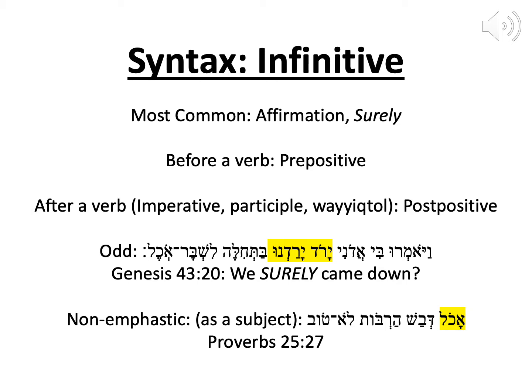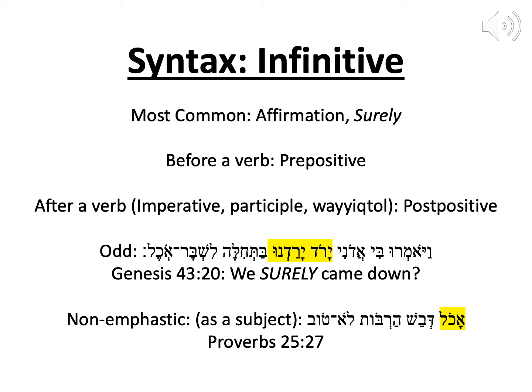Let's begin by looking at the infinitive, keeping in mind that in Hebrew there are two types of infinitives, the infinitive absolute and the infinitive construct. We will look at both, but let's begin with the infinitive absolute. The most common appearance of the infinitive absolute is for affirmation or emphasis, often translated as surely. This takes place when it is partnered with another verb. Before the verb, it is called a prepositive use of the infinitive absolute.